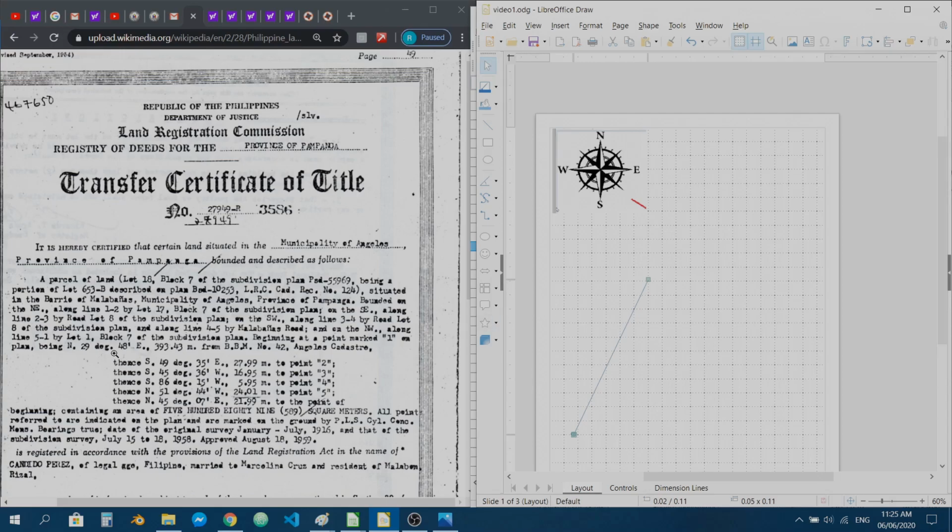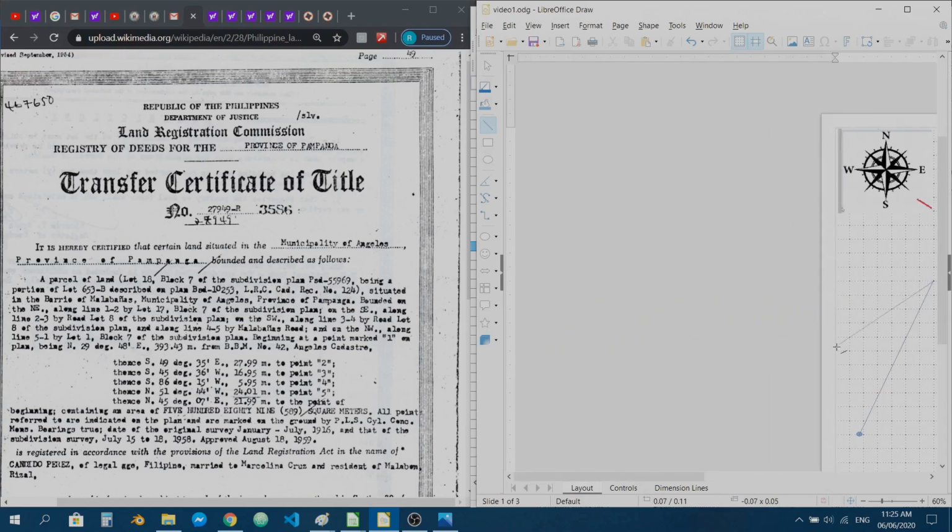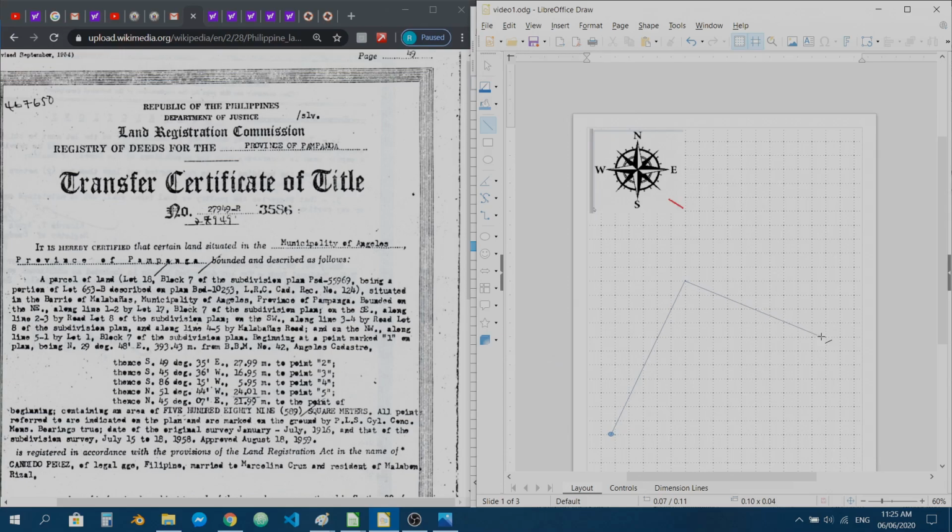So and then to point 2, south, itong portion na ito. South, 49. So, let's assume na yan.